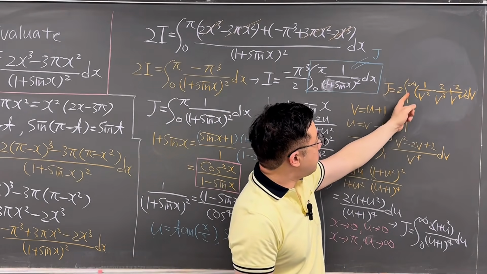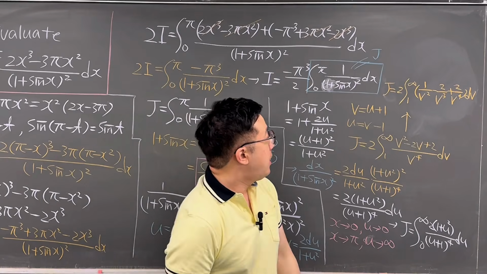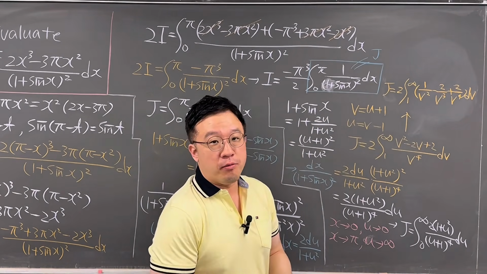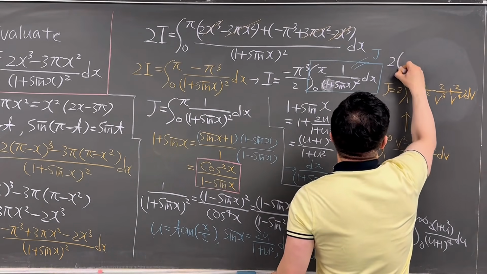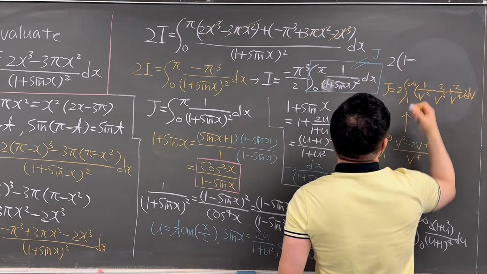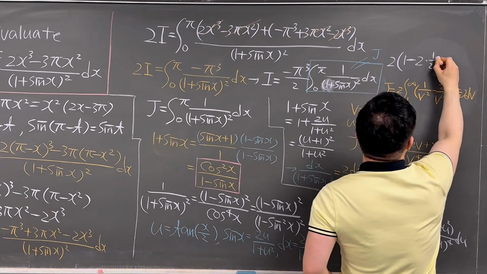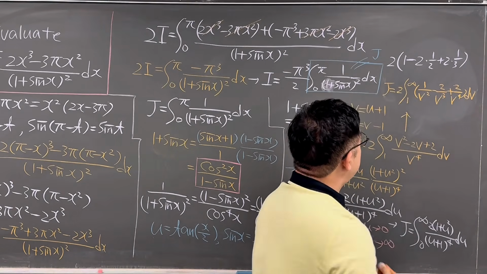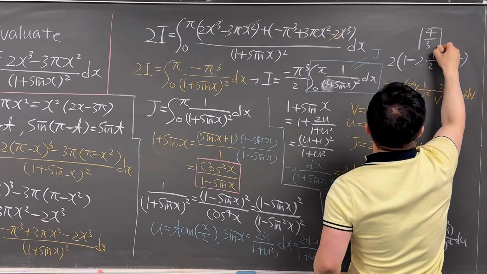The integral from 1 to infinity of 1 over v cubed is now 1 over 2. And the integral from 1 to infinity of 1 over v to the power of 4 is 1 over 3. So what we have is 2 times (1 minus 2 times 1 over 2 plus 2 times 1 over 3). If you calculate this, it has to be just the same as 4 over 3.